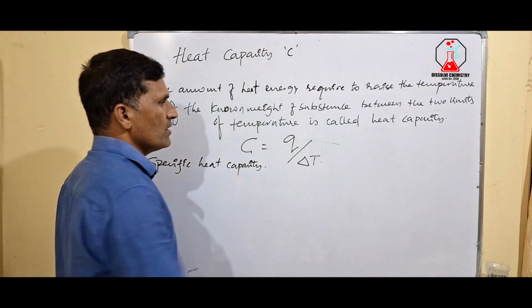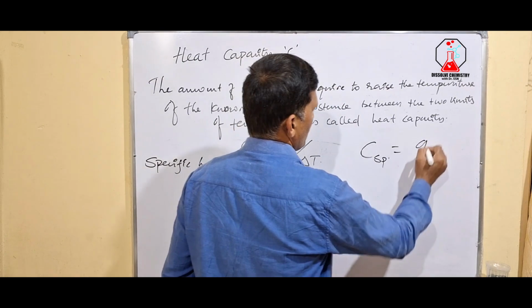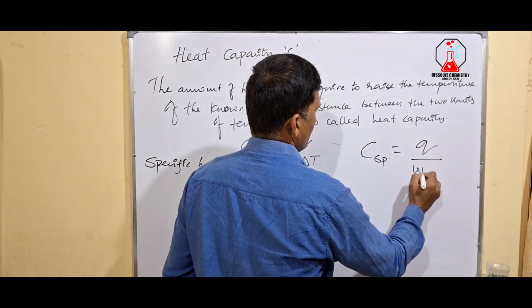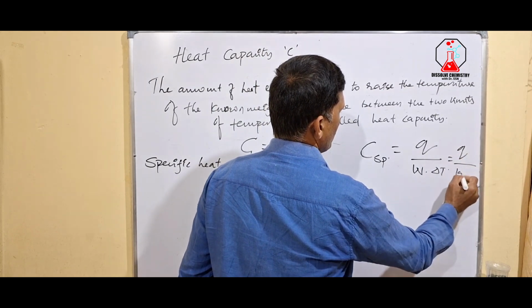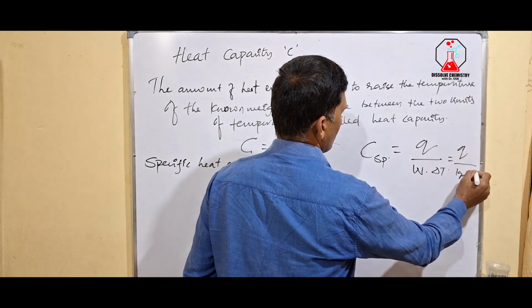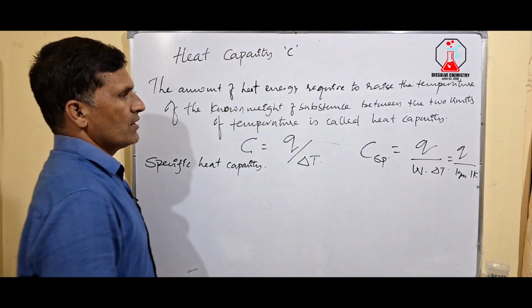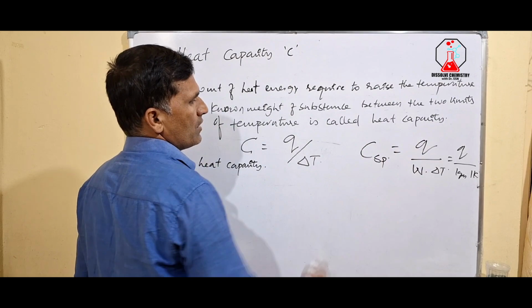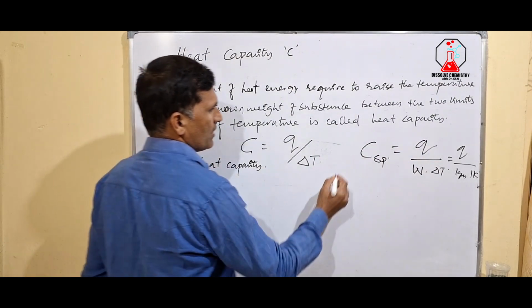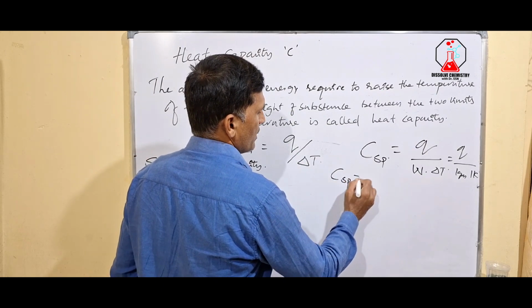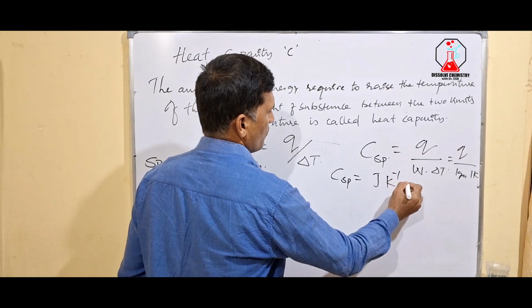Then it is called specific heat capacity, which is equal to Q by W into delta T, where W is 1 gram and the temperature raised will be 1 Kelvin or 1 degree Celsius. So that unit turns out to be joule per Kelvin per gram.